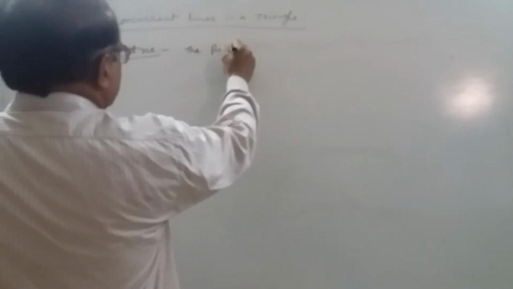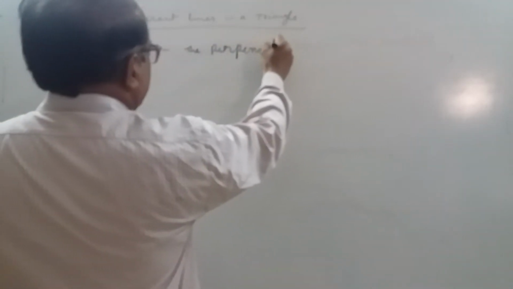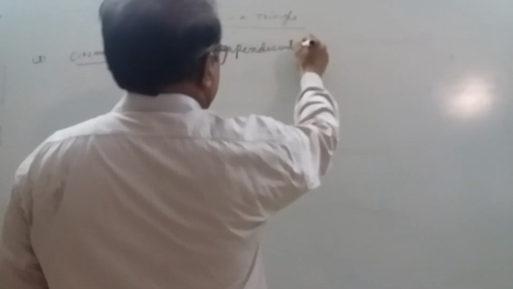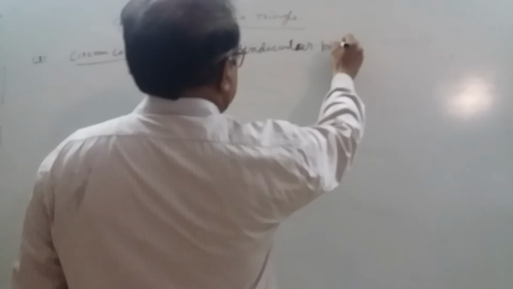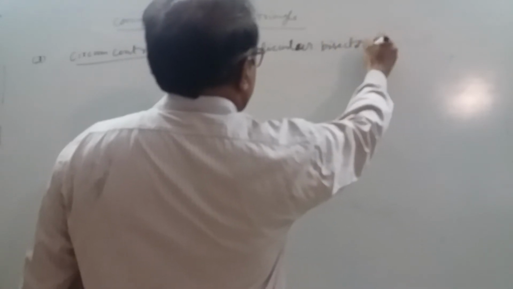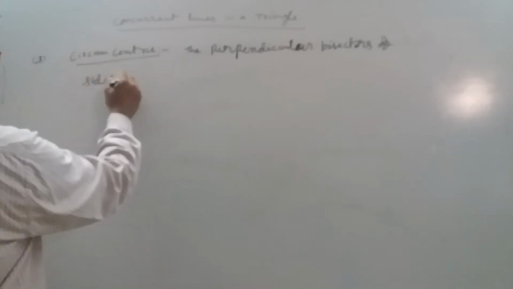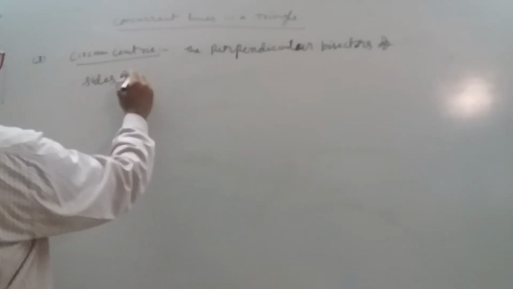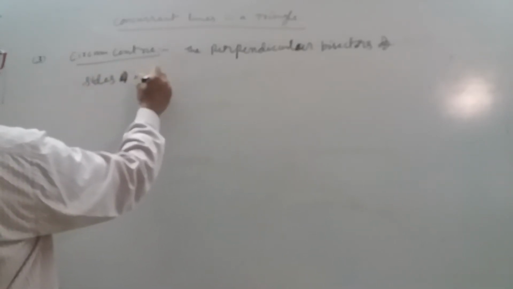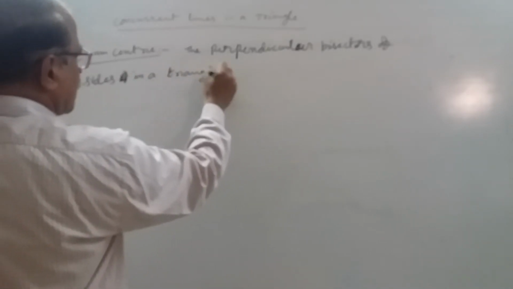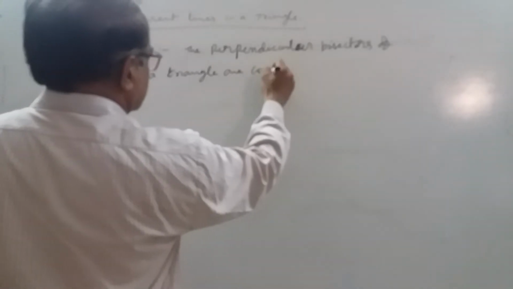The perpendicular bisectors of the sides in a triangle are concurrent.